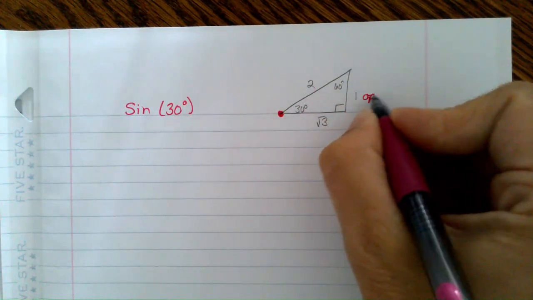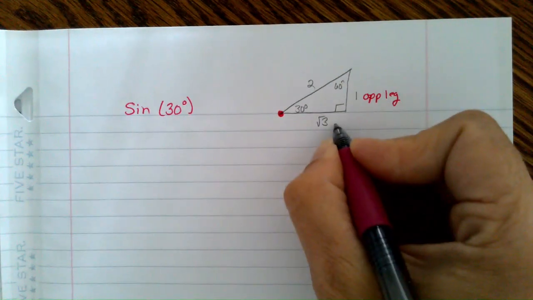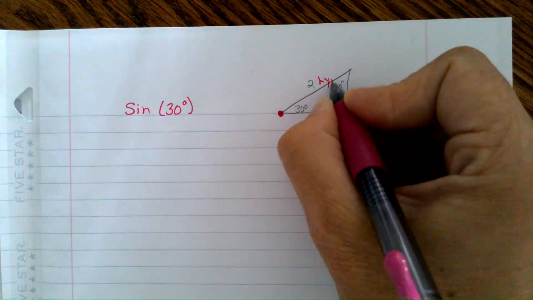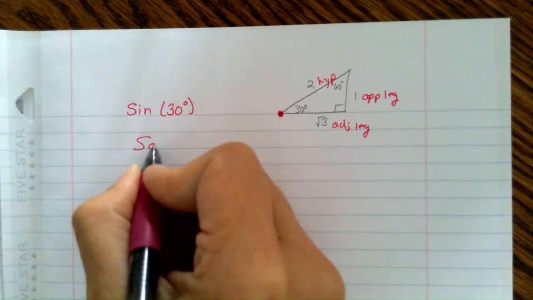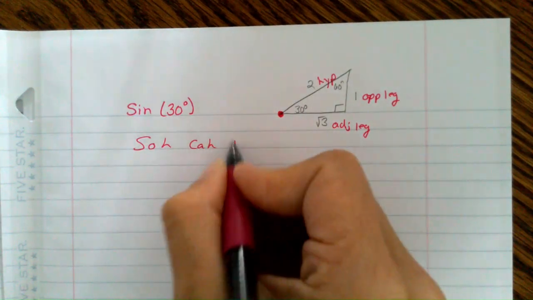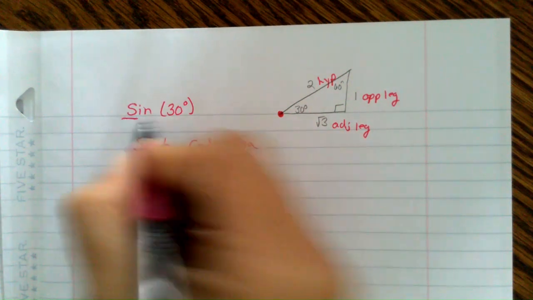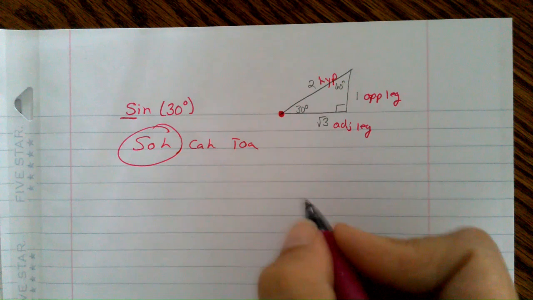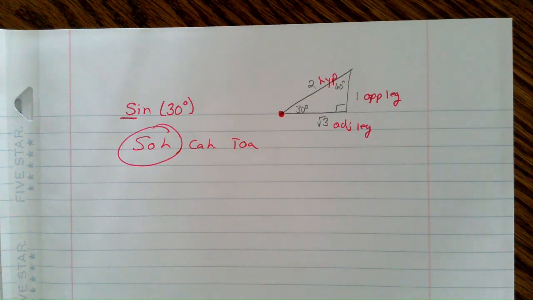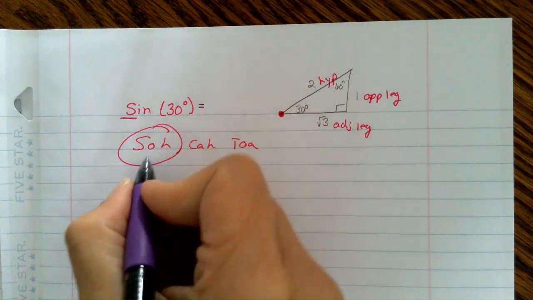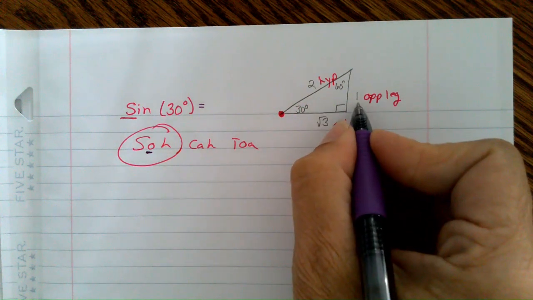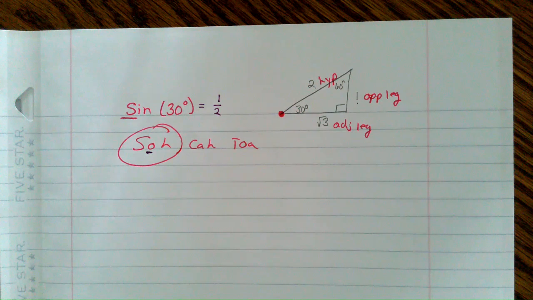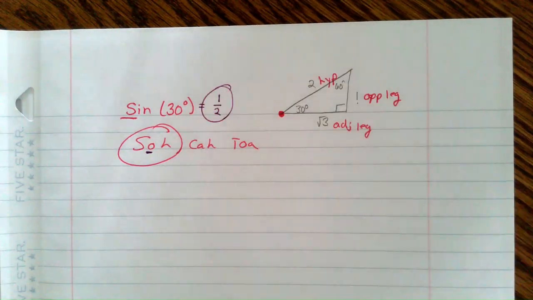So this is opposite leg, this is adjacent leg, and this is hypotenuse. SOH CAH TOA, sine. So my answer is going to be sine of 30 degrees. Opposite leg, 1, hypotenuse, 2.